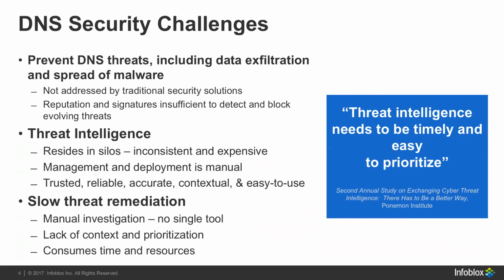DNS is a great way, because it's such a core to all the services that run, to provide that kind of a DNS firewall capability. DNS is not traditionally protected by your other security solutions, whether it be a SIEM or a NAC or a firewall. So DNS often is left unprotected by a lot of customers out there. And so that's part of what we'll be looking and focusing on today.